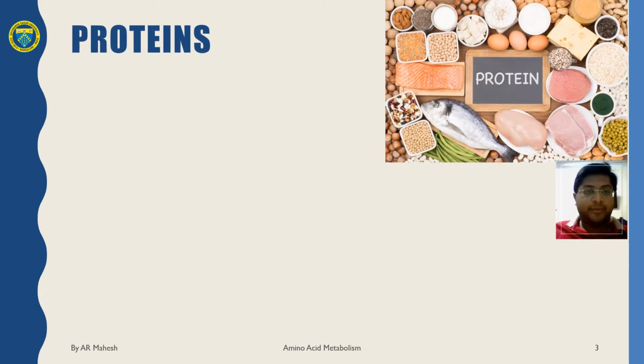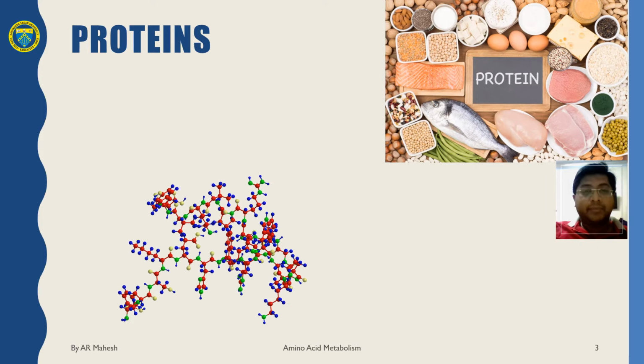Introduction of proteins. These proteins are fundamental structural and functional components of the human body. Proteins are high molecular weight biomolecules which are made of amino acids linked by peptide bonds. These proteins are regarded as bodybuilding foods.